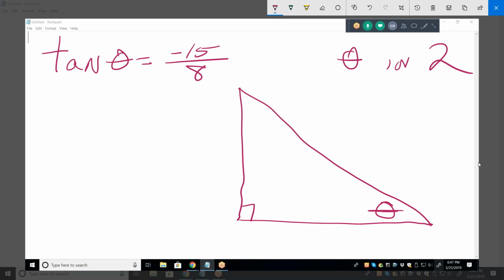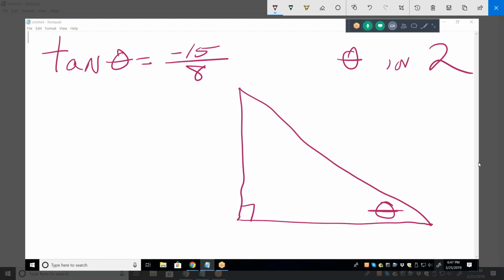Now, step number 2 is what? Labeling negative 15 and 8. Well, take off the sign. We're going to use that sign, but not in the initial part of it. The sides of the triangle don't have a negative sign ever.